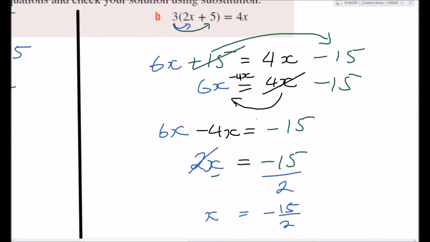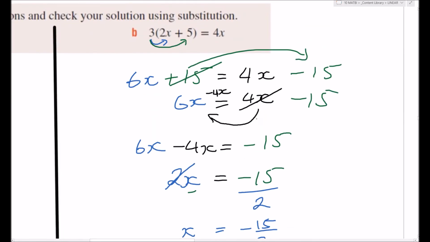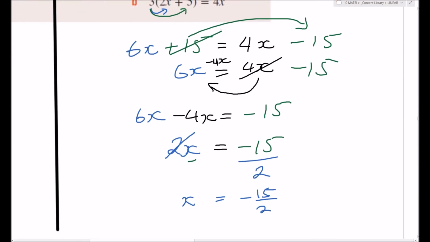Now that one does get a bit tricky to put in your calculator, but let's see if it makes sense. So apparently, when you put all the x's back in there, 4 times x will become 4 times whatever x is, which is negative 15 over 2. Let me get my calculator up.